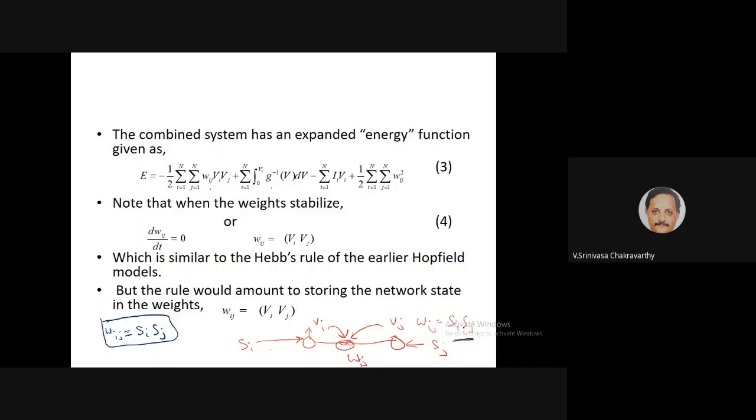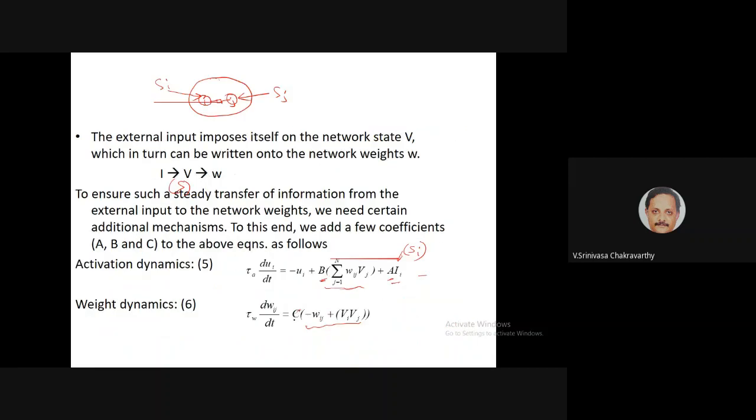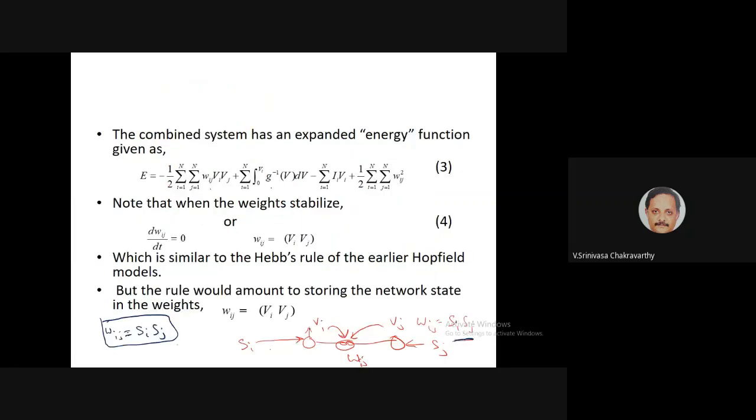So this we can achieve if only we can make Si influence Vi and Vi tend to Si. So how do you do that? Basically, what is happening here is the neural state activations Vi and Vj are able to directly influence the weights through Hebbian learning. And like I said, there is biological evidence for that kind of a thing.